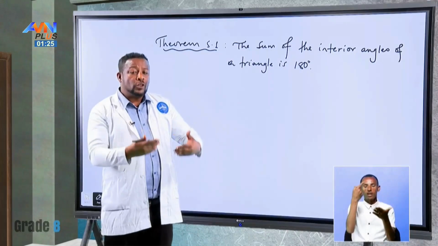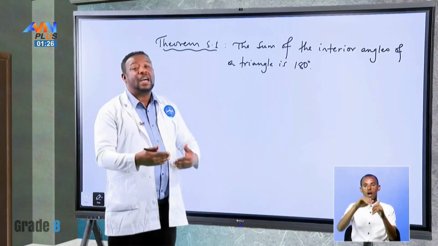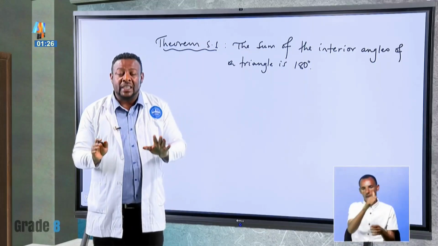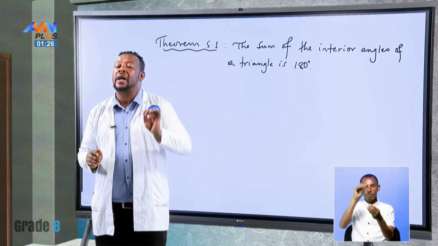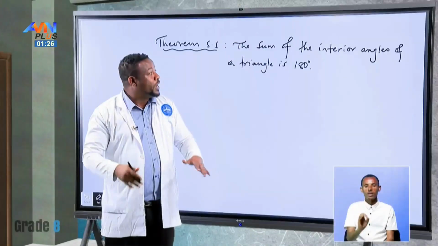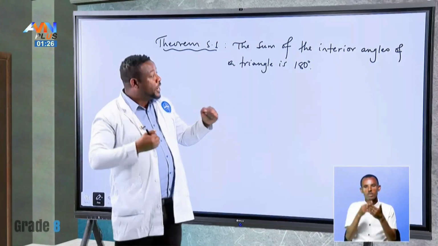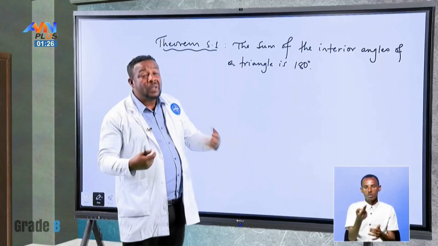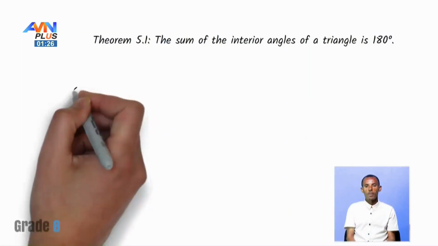Here, I will show you how this fact can be derived, right? For any triangle, the sum of all the interior angles must give us 180 degrees. You may know this, but here I will show you how we can derive the result.